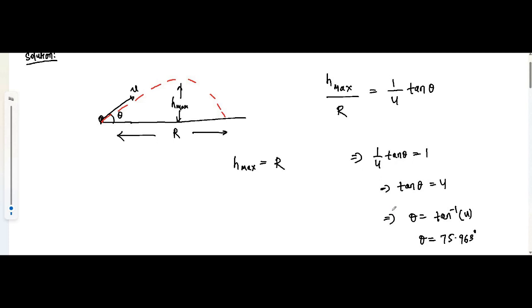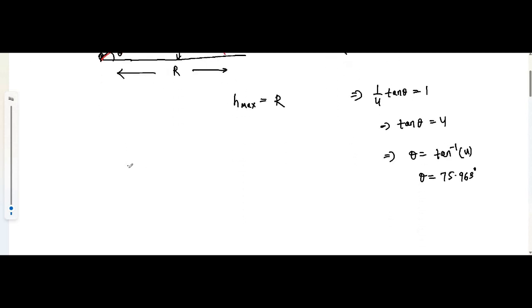Now, if you are not able to recall this formula and you remember the formula for horizontal range and maximum height, then you can proceed also this way. So here the formula for horizontal range is equal to u square sine 2 theta by g.